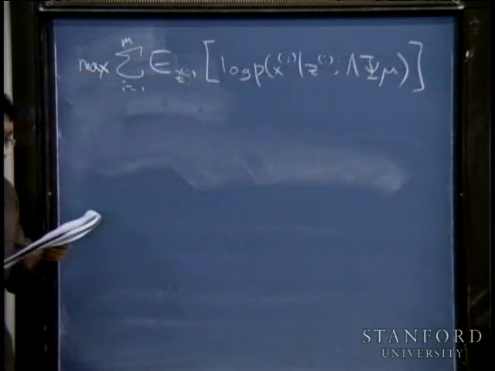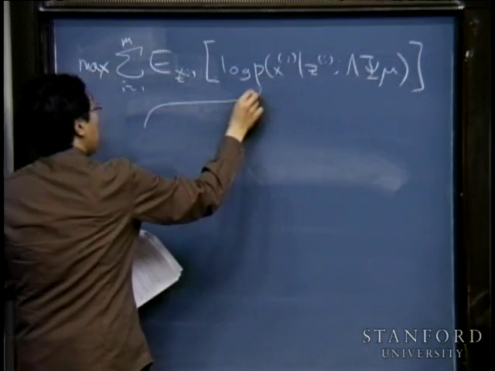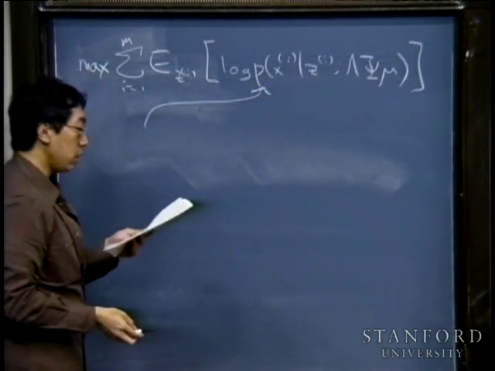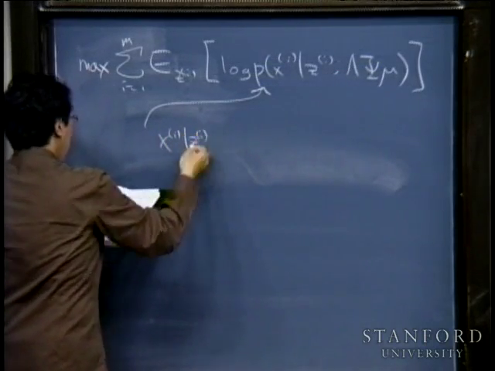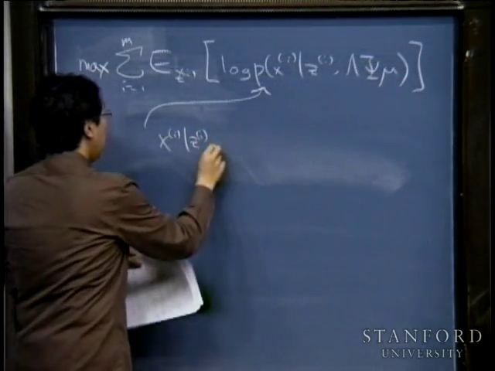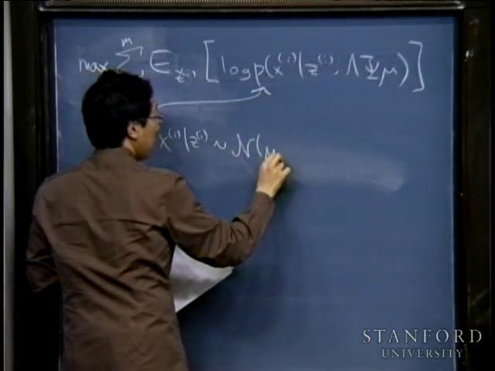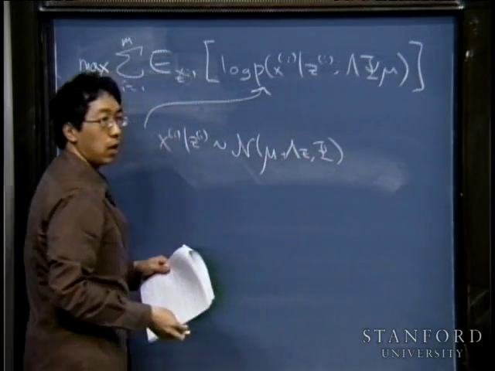Now, this distribution, P of xi given zi, is a Gaussian density, because xi given zi is Gaussian with mean mu plus lambda z and covariance psi.